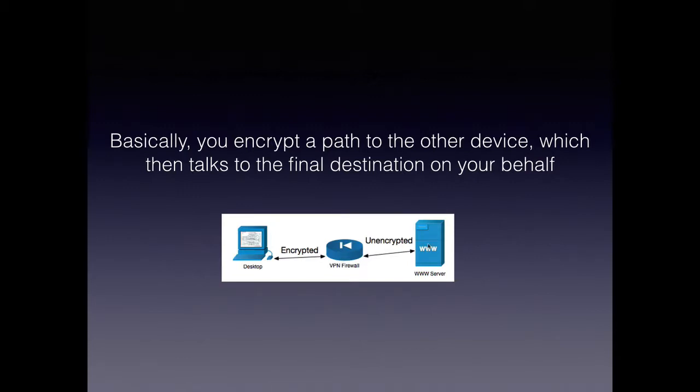And from that point on, it's unencrypted, unless you happen to be using SSL or TLS, where you have an encrypted connection to the web server, then that would be encrypted. But if you're just going to a normal HTTP address, this section is still unencrypted. Okay, only the portion between your device and the service where your VPN you paid for is encrypted.